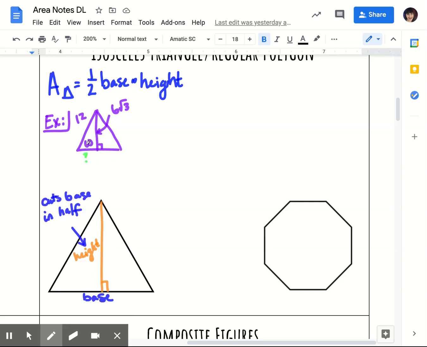It's got to be double on the other side, because remember, the height is going to cut the base in half. So whatever this value is from this point to this point that I have marked in green, it's going to be the same on the other side.